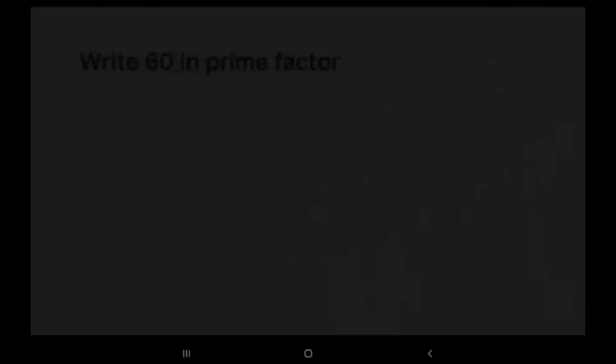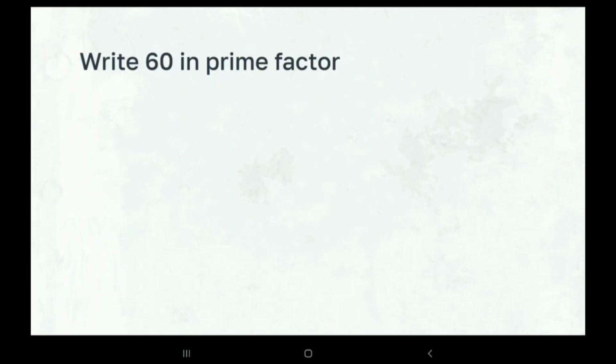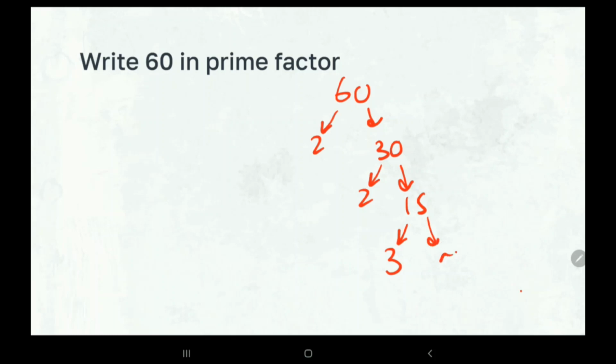For example, write 60 in prime factors. So 60, we have to divide it by the lowest prime number, which is 2. So 2 and 30, 2 again and 15, and then 15, since it's an odd number, we will divide it by 3. And then we get 5.